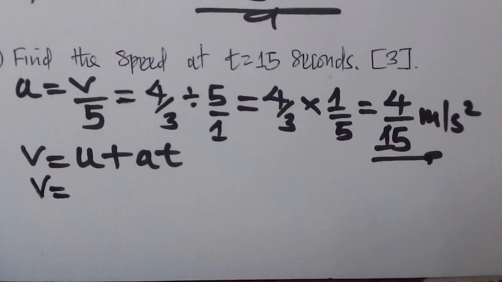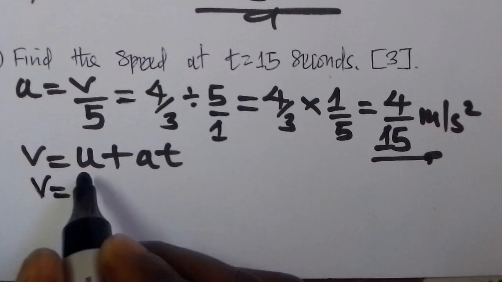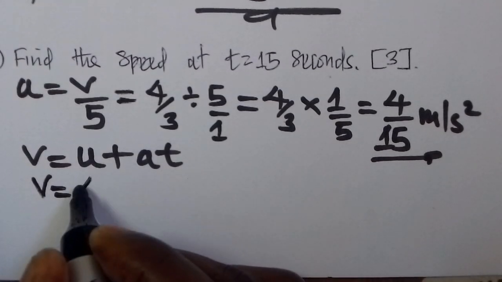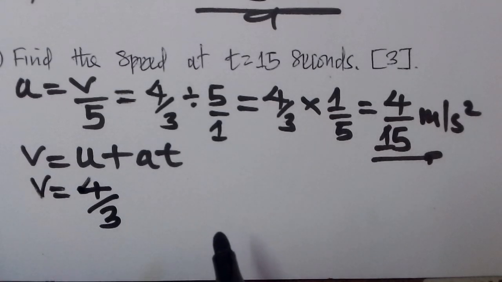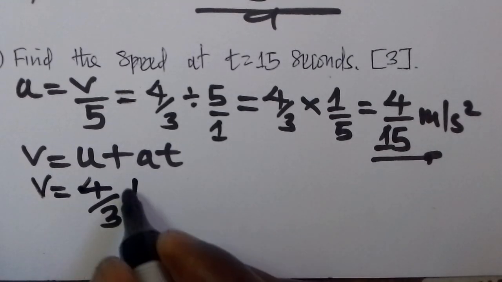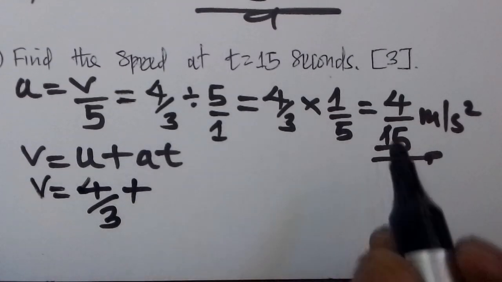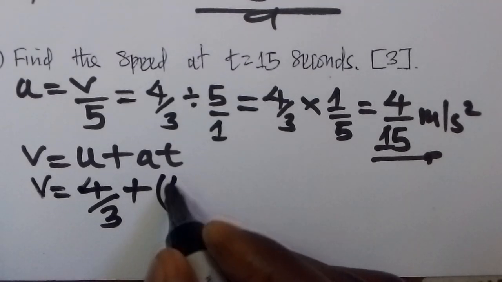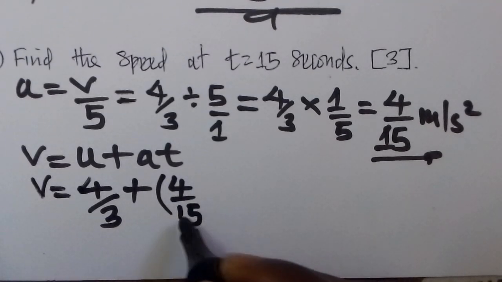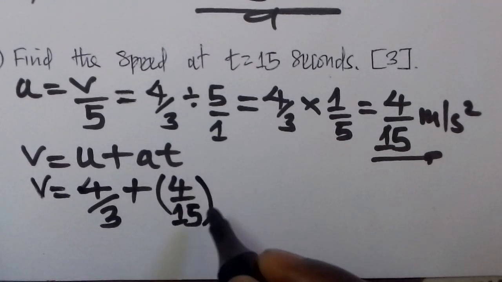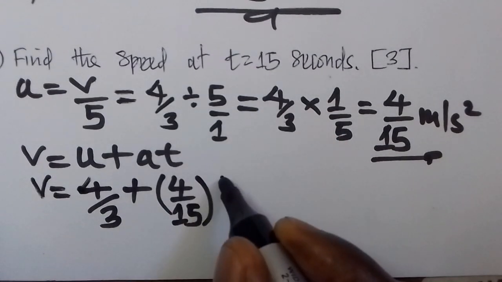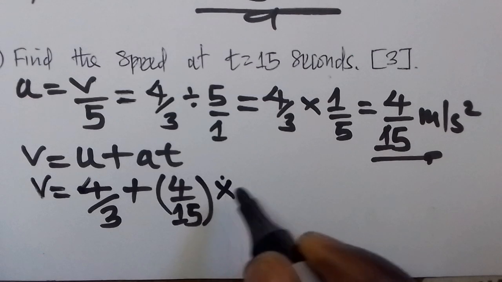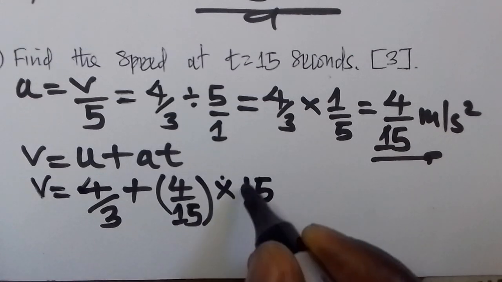So to find v, we'll just simply substitute. On u, we are going to put 4/3, since this is our initial speed. Then plus on a, this is the acceleration, which is 4/15. Then time is 15, so we can just say times 15 here.